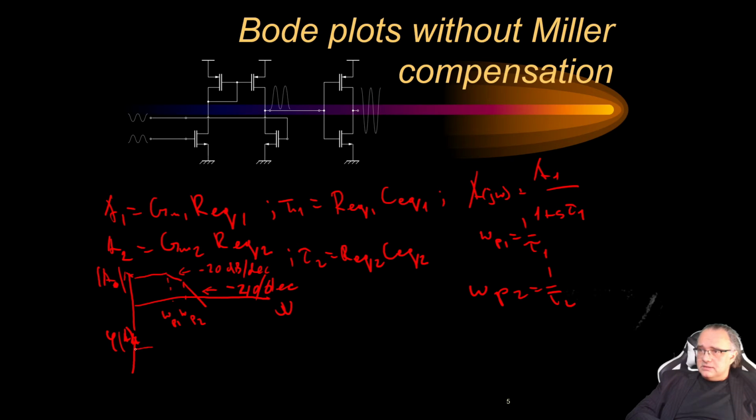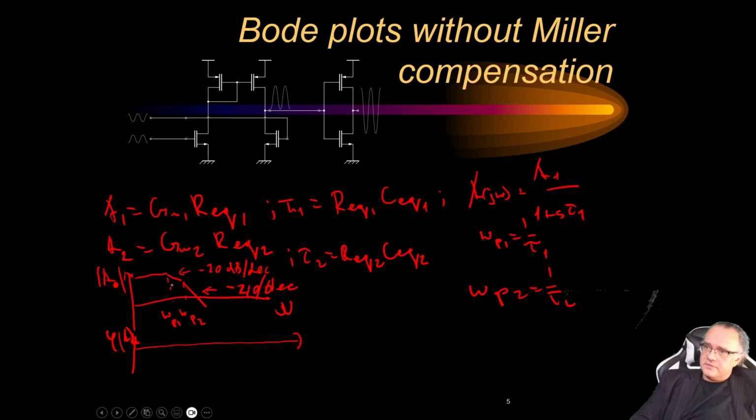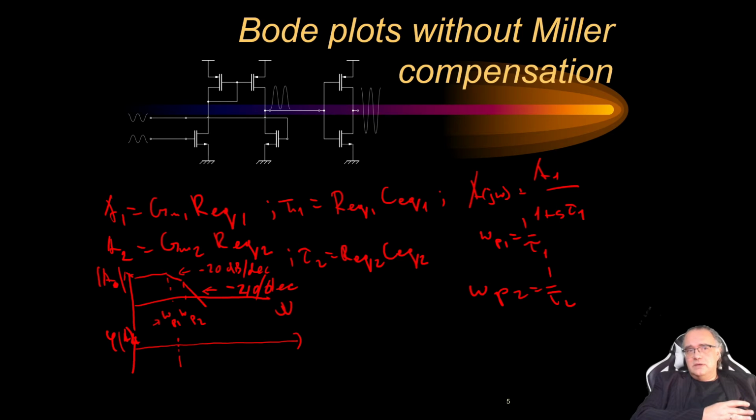At low frequency it is 0, but then at this frequency here, due to this pole, we have a total rotation of minus 90 degrees.